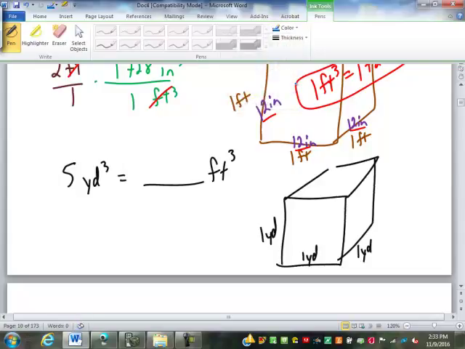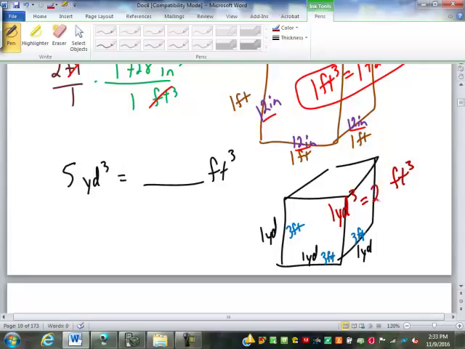How many feet are in a yard? 3. So this is 3 feet by 3 feet by 3 feet. So this one you should be able to get for me. 1 cubic yard is 3 times 3 times 3, or how many cubic feet?